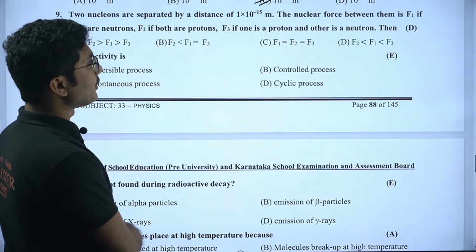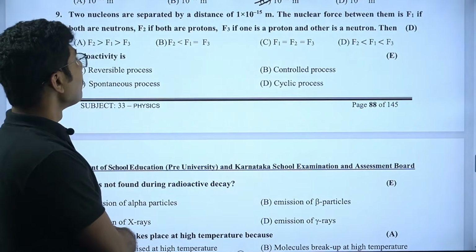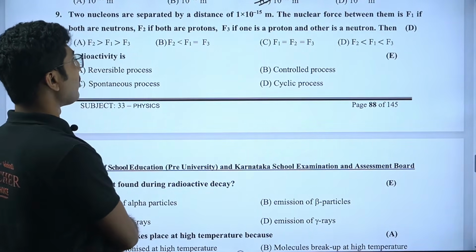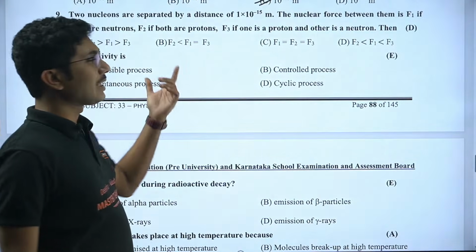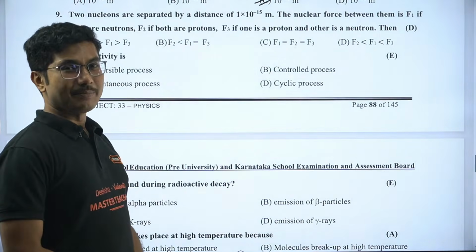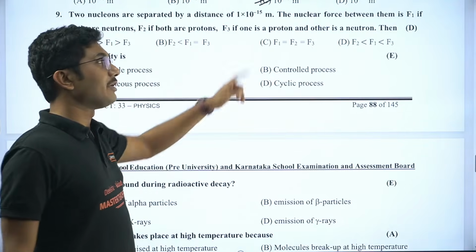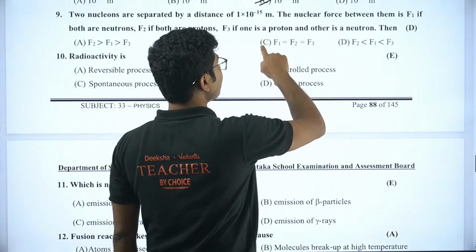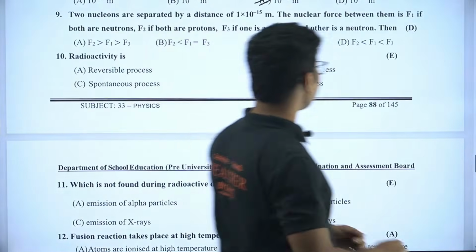The nuclear force between them is F1 if both are neutrons, F2 if both are protons, and F3 if one is a proton and the other is a neutron. Then which one is the correct relation? So we know that nuclear force is independent of charge and the distance is 1 fermi. So this is attractive in nature and all forces should be the same.